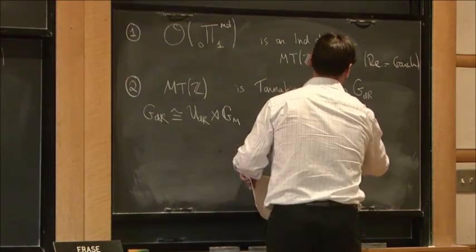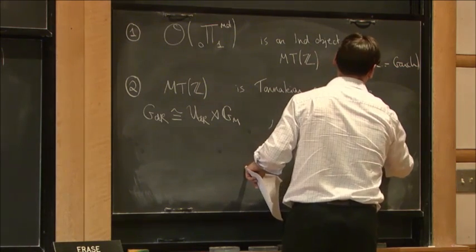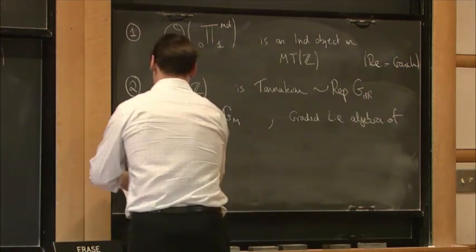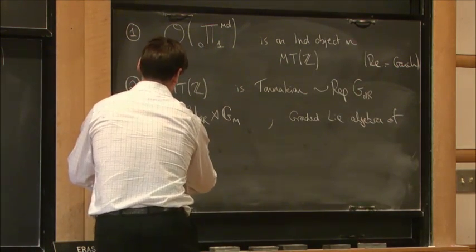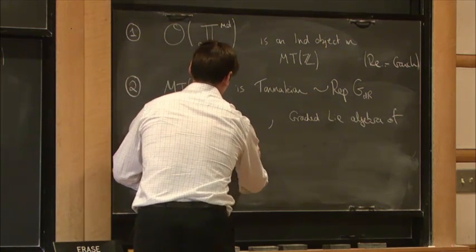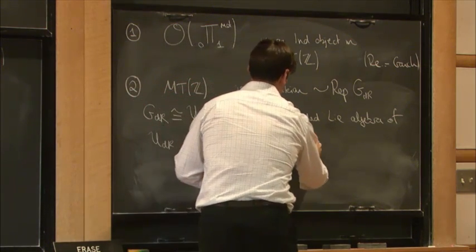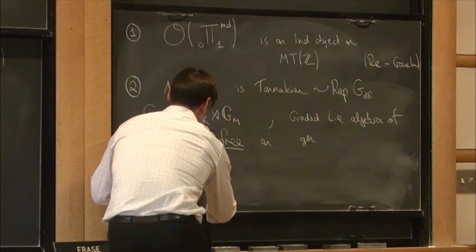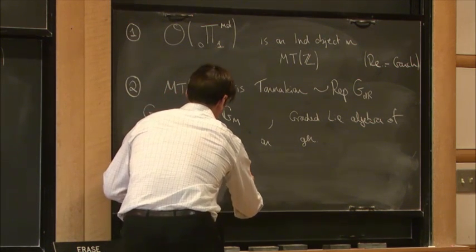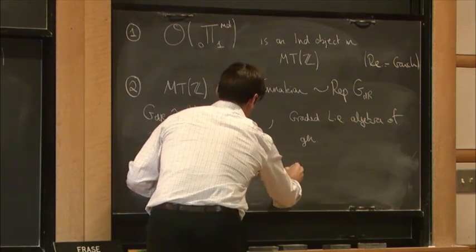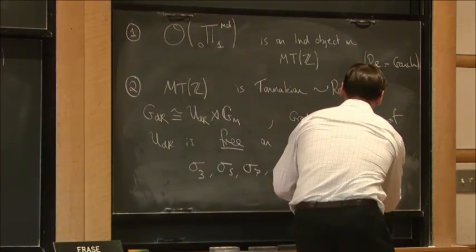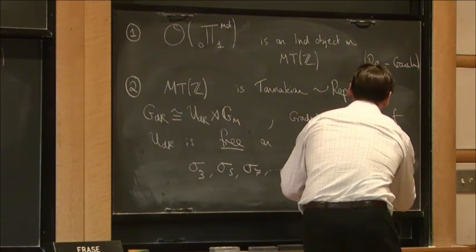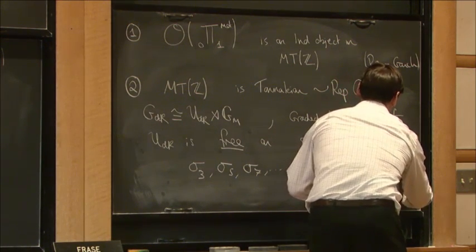And the graded Lie algebra of the unipotent part is a free Lie algebra on generators that I'd like to call sigma 3, sigma 5, sigma 7, and so on, where sigma 2n+1 is in degree -2n-1.